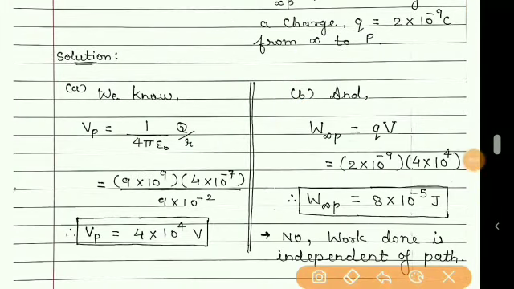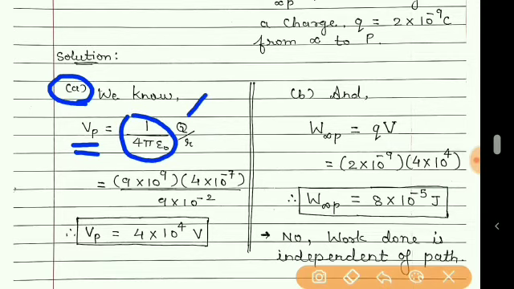Now we have already obtained this formula of potential at any point. Vp is equal to 1 upon 4 pi epsilon naught q upon r. Now here this value of 1 upon 4 pi epsilon naught is 9 into 10 raised to 9, which we have used earlier also in chapter number 1.